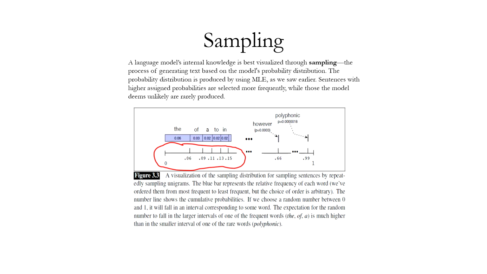They are a lot more frequent, and occur a lot more often, as opposed to the word polyphonic or however, where you could see that the probabilities are quite small, and the likelihood of it being sampled is a lot less. And this is useful later on in large language models to understand how words are predicted.